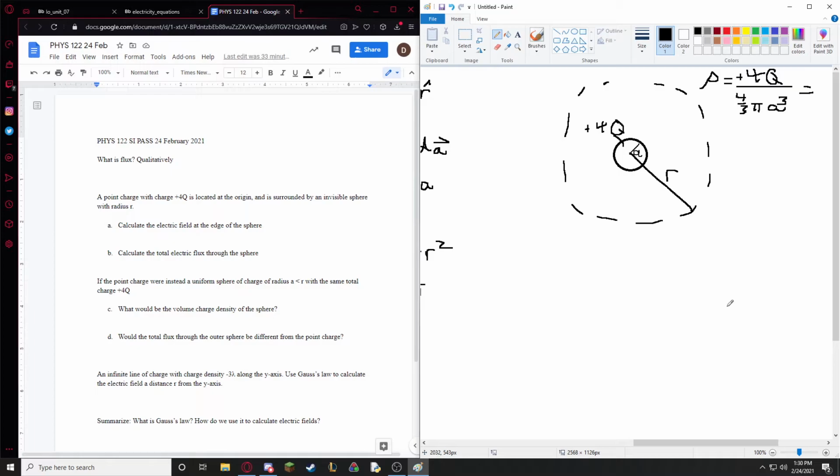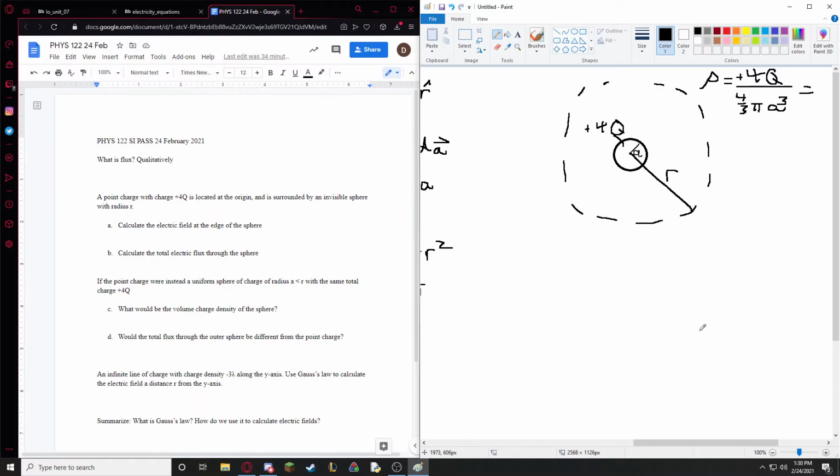You'll see with Gauss's law that the electric flux through any enclosed surface is only dependent on the charges inside the surface.